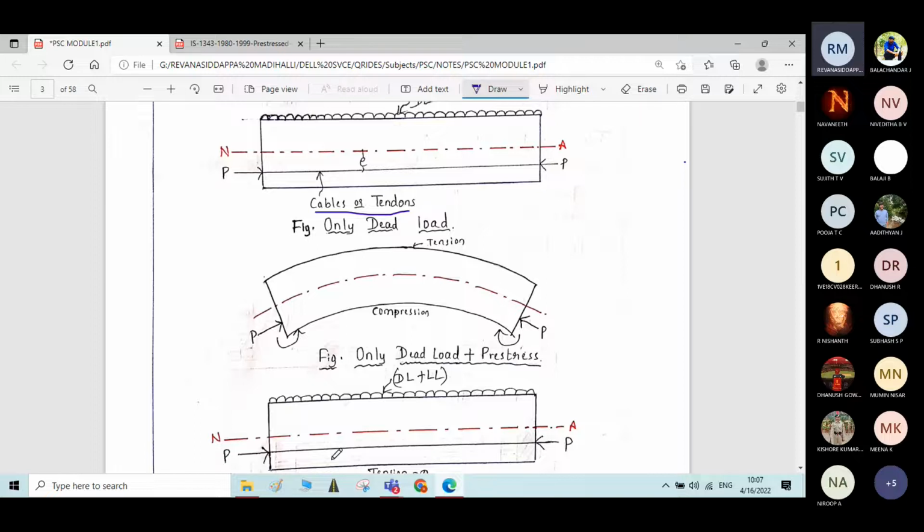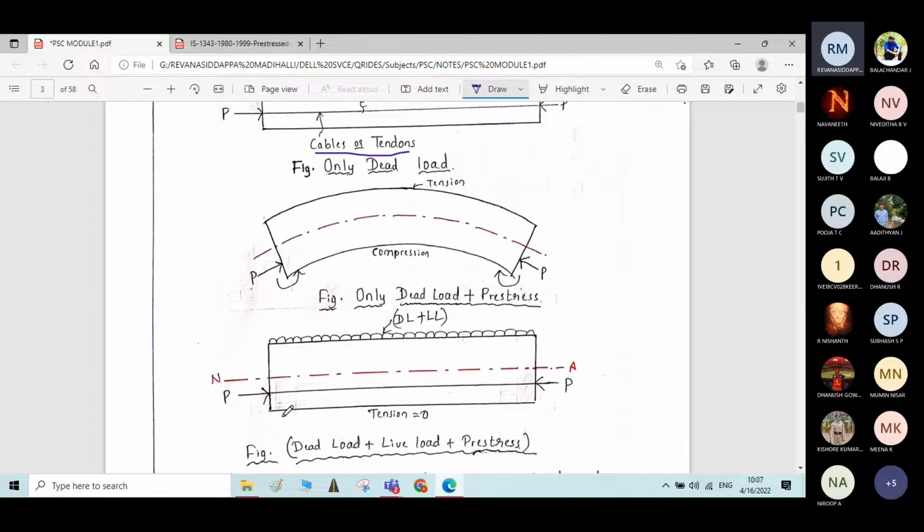They will cause sagging bending moment to the beam. That hogging bending moment caused by the pre-stressing force and the sagging bending moment caused by live load will be counterbalanced. Then the beam will be in equilibrium condition.